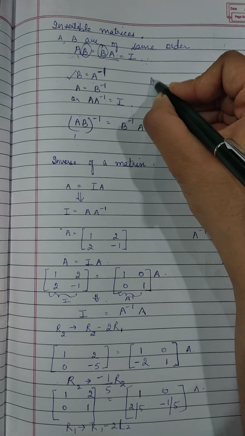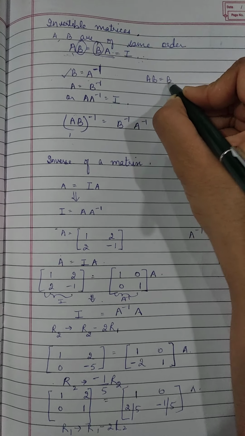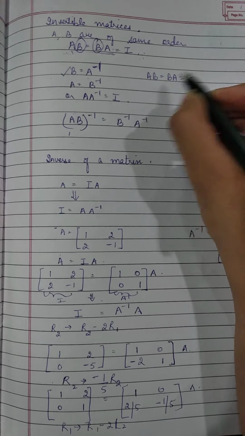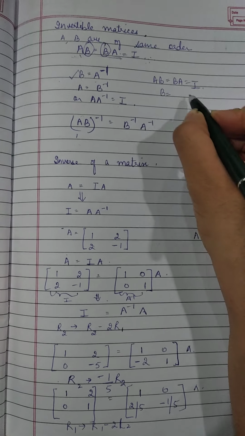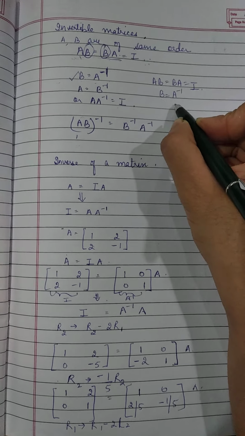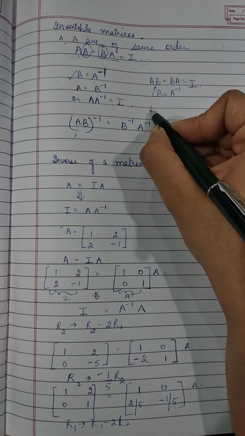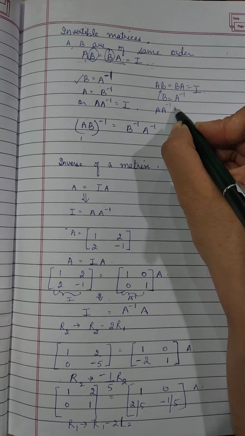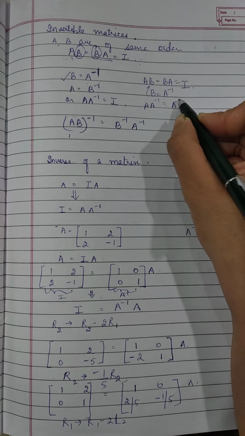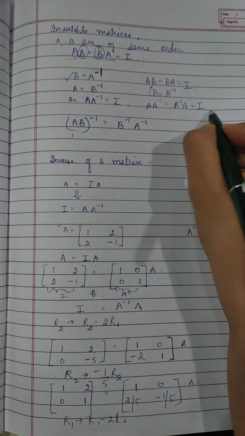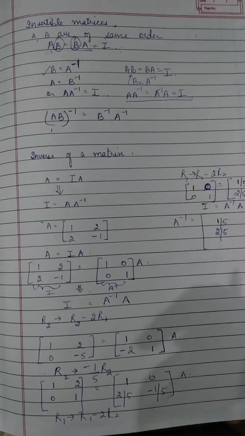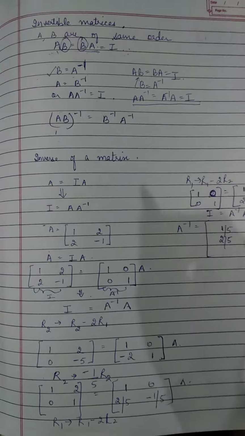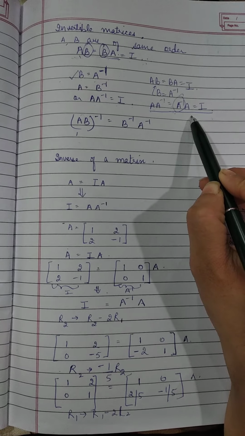Now, since I have told you that AB is equal to BA is equal to I, and we just discussed that B is the inverse of A, if I put this value over here, what do I get? A into A inverse is equal to A inverse into A is equal to I. This is a very important relationship, and we'll be using this particular formula to calculate the inverse of a given matrix.